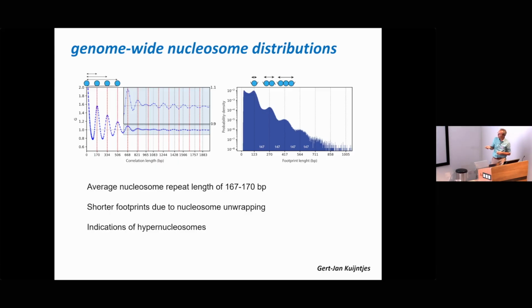What you can also look at is the footprint length, and here we were in for a surprise because most footprints were 123 base pairs rather than the documented 147, which means that some of the DNA is unwrapped most of the times. But what you can also see is that the next most common size is this 123 plus 147 base pairs.